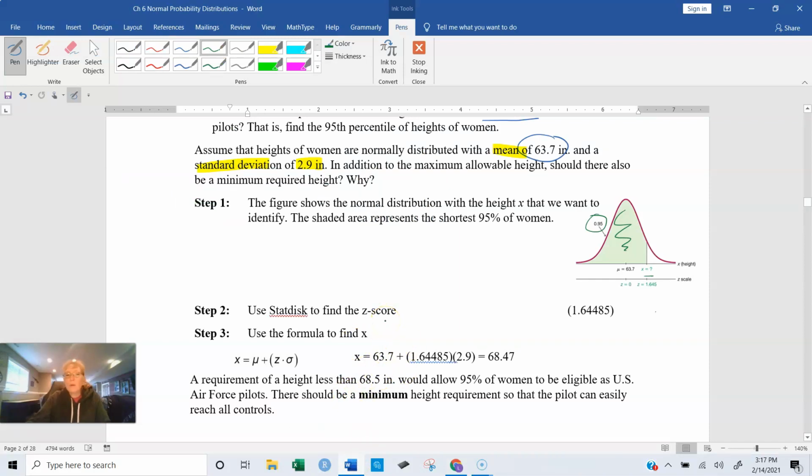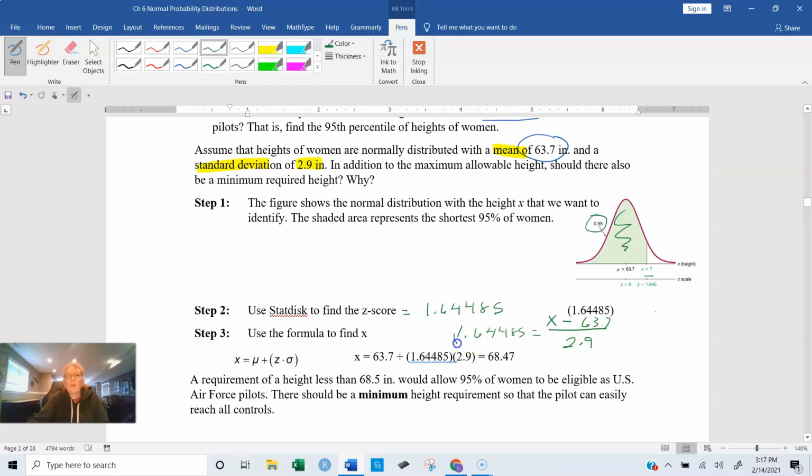So we know that we found our z-score, and this is equal to 1.64485. So now that we've got that number, we can plug it into our formula. So we go 1.64485 equals x, what we're looking for, minus the 63.7, my mean, divided by my standard deviation, which was 2.9.